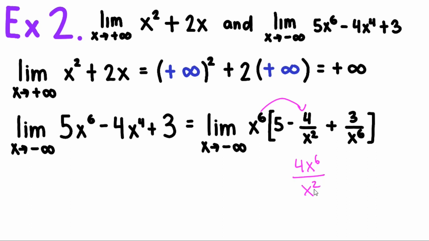And by laws of exponents, we just subtract the exponents. So 6 minus 2 is equal to 4. So this one is equal to 4x raised to 4, which is this one. And the same goes for the other one.